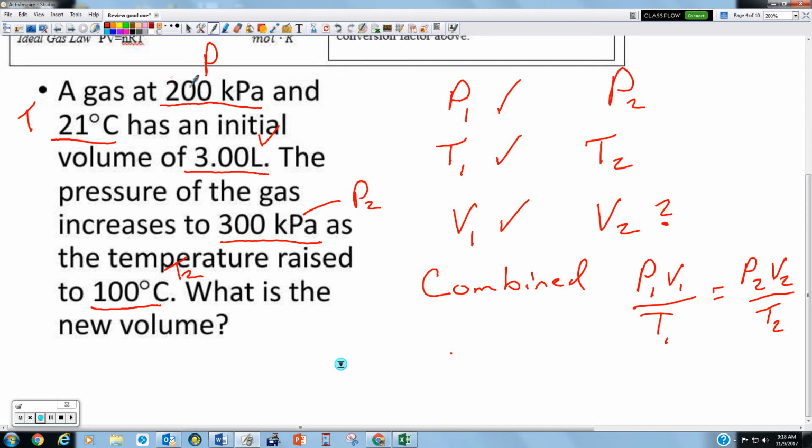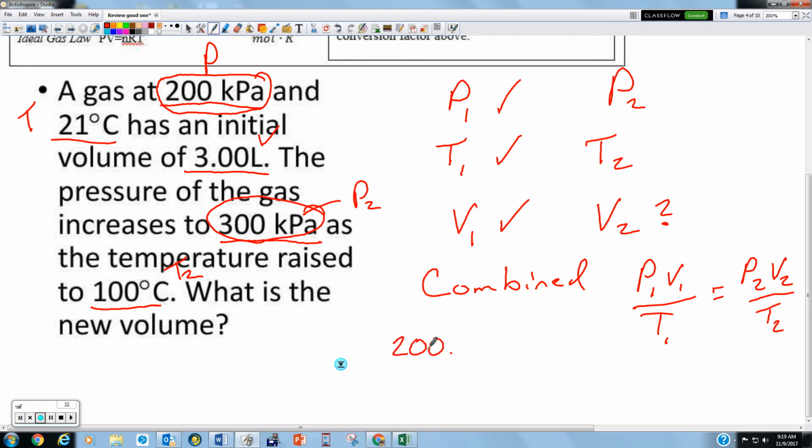Now, quick question. We're solving for volume. Do I need to change these to atmospheres before I start the problem? Why not? Because they're the same units. If they were different units, then we might have to convert something. But if they're the same units and you're not solving for that unit, then you don't have to change it. Only in ideal gas law will we have to change the pressure.